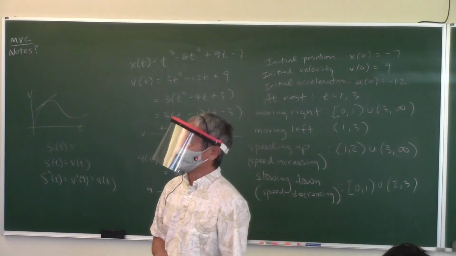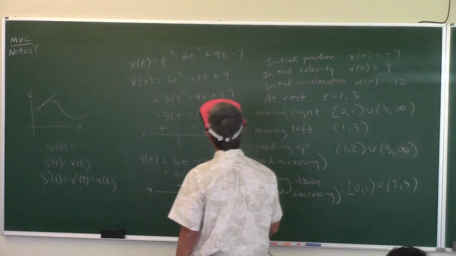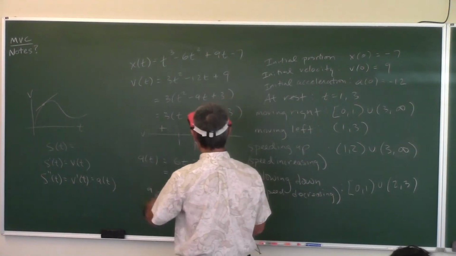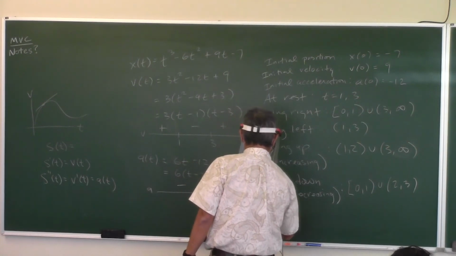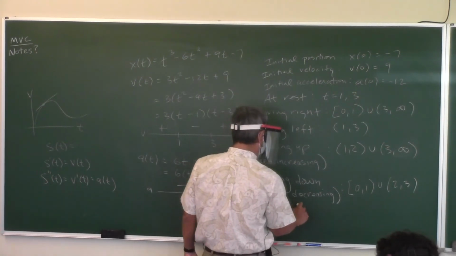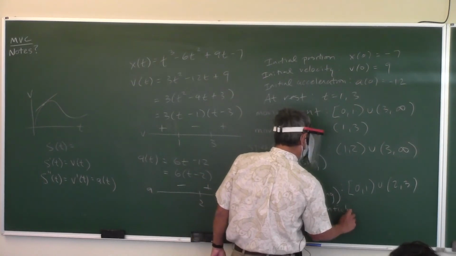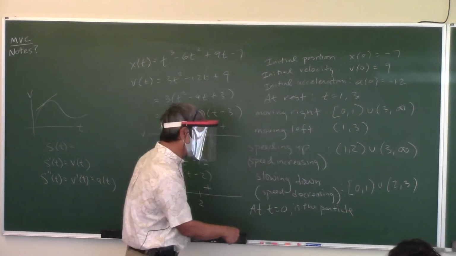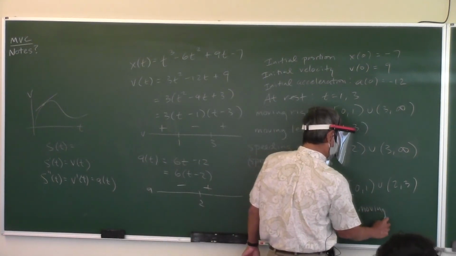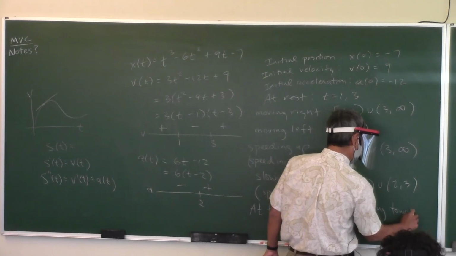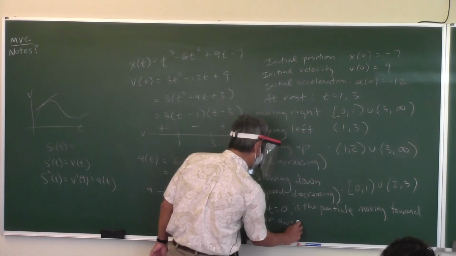And then at t equals 0, okay, let's do it that way. At t equals 0, we like to ask this question on the AP exam as well, is the particle moving toward or away from the origin?